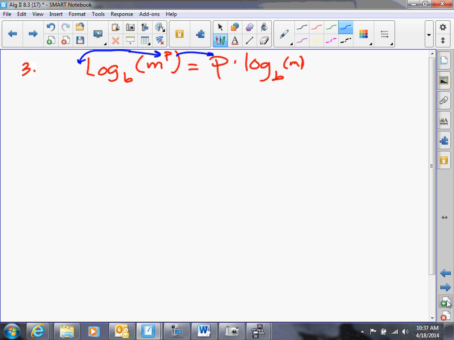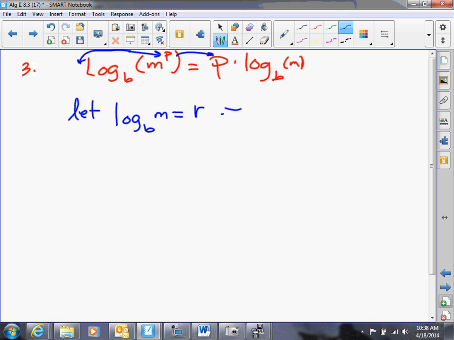Now, we want to prove this, and once again, this is what we want to prove, so we need to start someplace where both you and I can agree. Let's do this. Let's let log base b of m be equal to some variable that's not being used at the moment. How about r? Now, that's allowed because r wasn't doing anything. We can let it be that if we want.